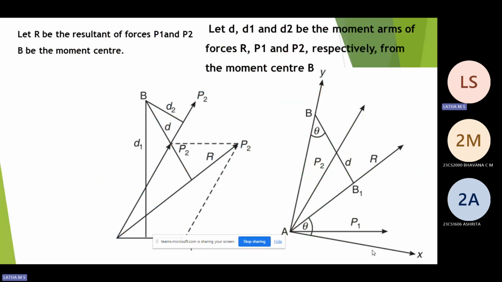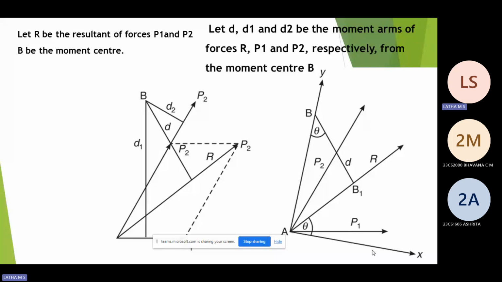Resultant is also a force. It is not something else; it is the combined effect of all the given forces. Now, how do I calculate? What is Varignon's theorem telling? It is telling that you take the effect of all the forces. Now I am putting a point as A, and I am taking the center point as A. Take the moment of all the forces.